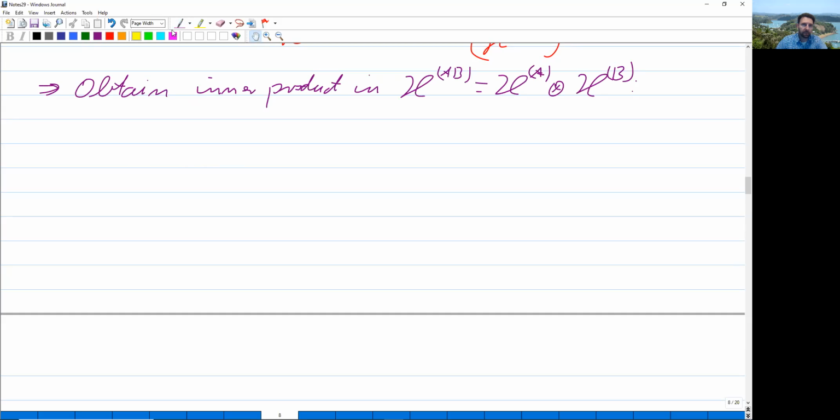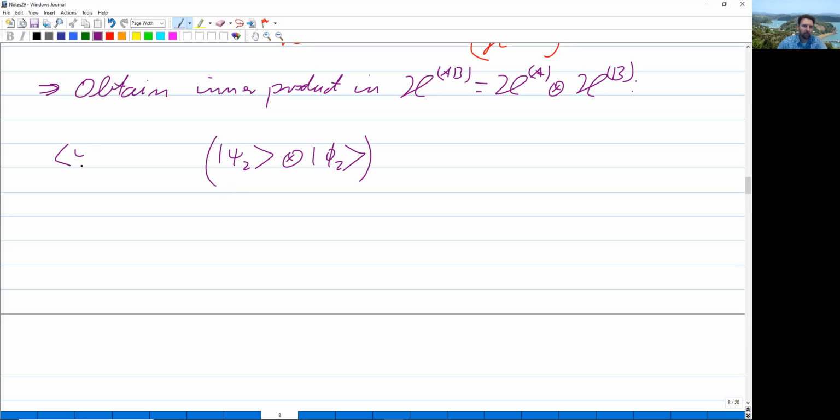Well, let's say we take the vector psi2 tensor phi2 in HAB, and we want to take the inner product with a vector psi1 tensor phi1. Then we just multiply it from the left.